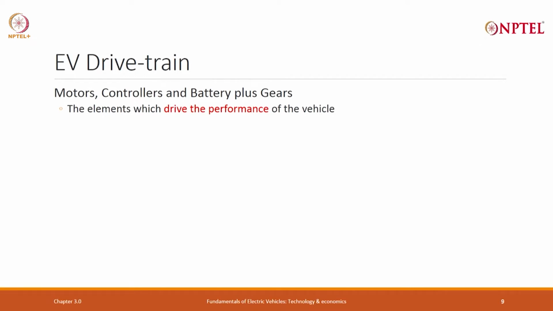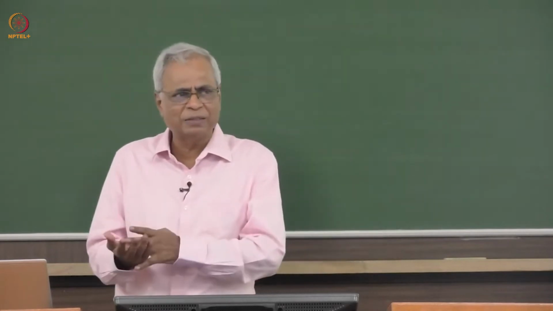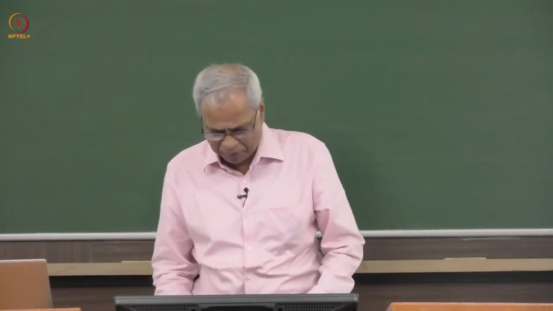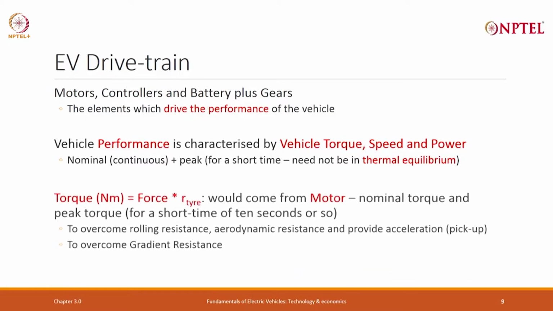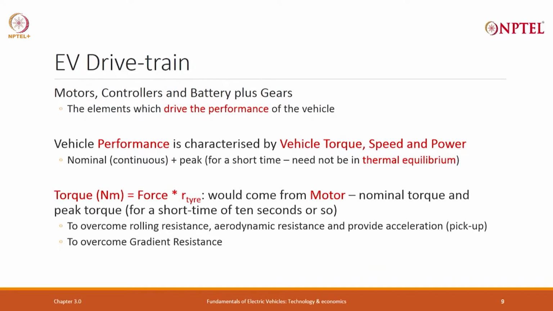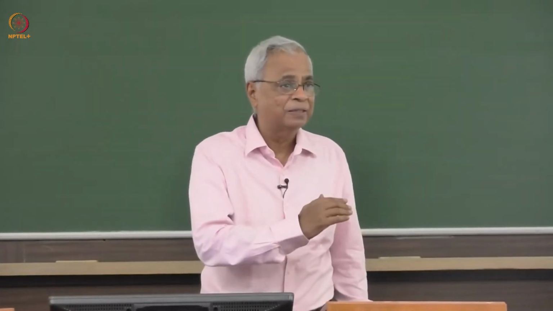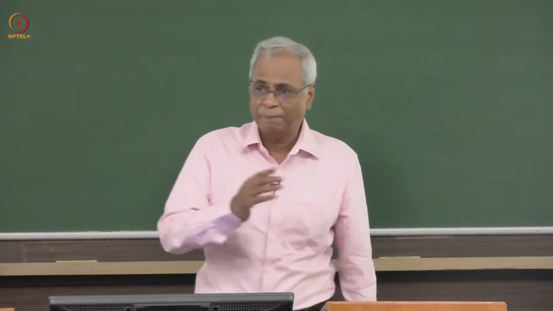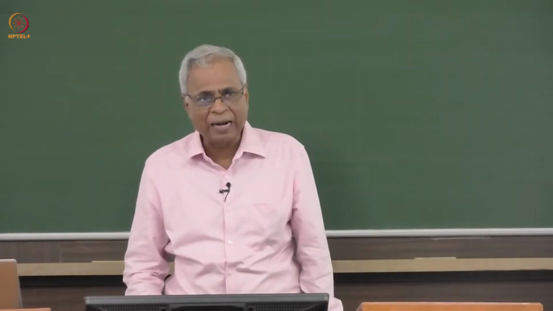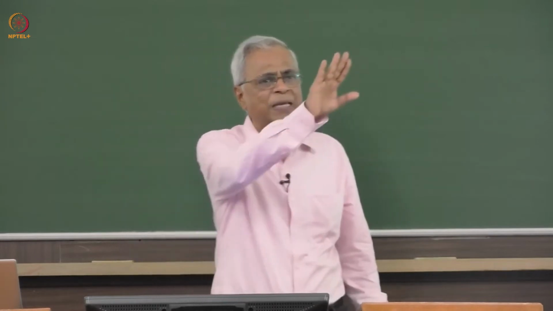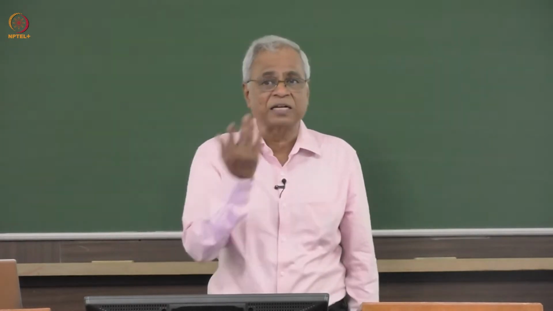The very important component that we pointed out was the gears, because while the motor can give you a speed and a torque, the speed and torque that the vehicle may want is different from what the motor can give. And we basically pointed out that you can multiply the torque of the motor for the vehicle through gears, by a certain amount, which is the torque required for climbing up and for acceleration.